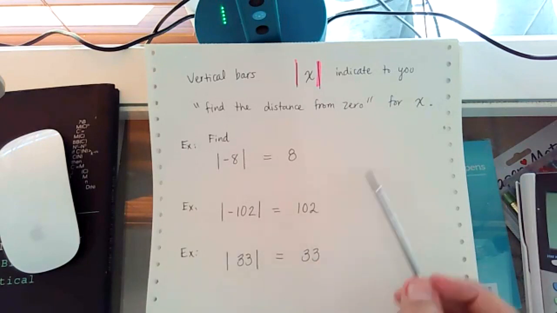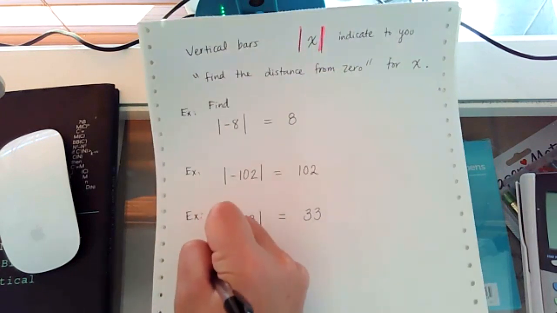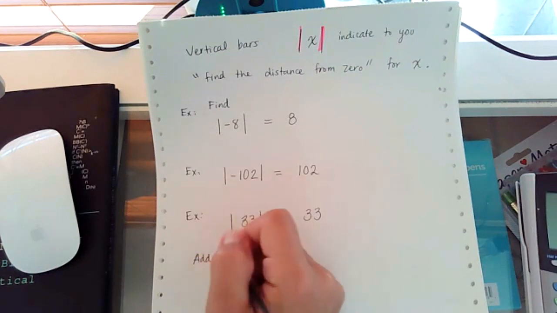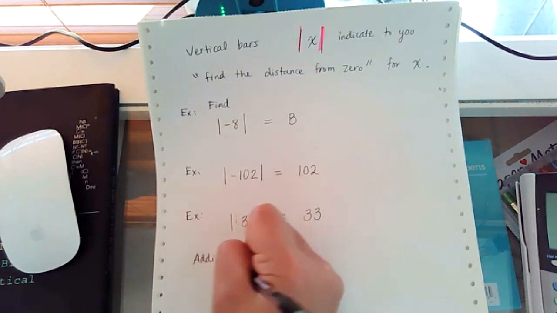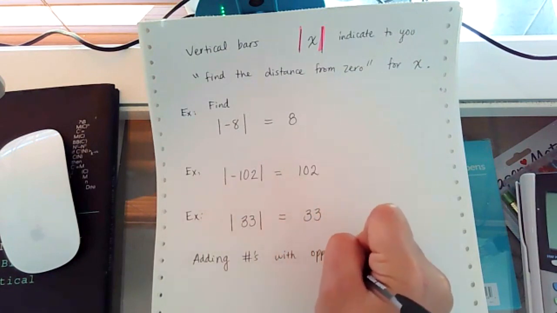And it turns out that this idea of absolute value is sometimes used to teach how to add numbers that have different signs. So for instance, I think in last week's lecture, we mentioned this briefly, adding numbers with opposite signs.